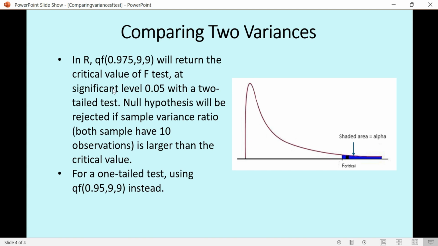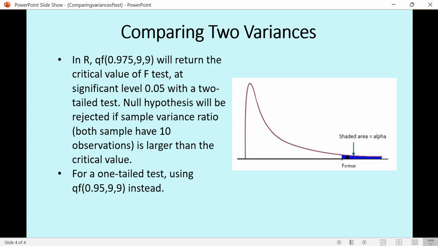But in a two-tailed test, the test area can be on both sides, so on the right side we divide the 0.05 by 2, and the left side will be 0.975, right? And in the example, we have 10 observations in both samples, so the degrees of freedom are 9 and 9.